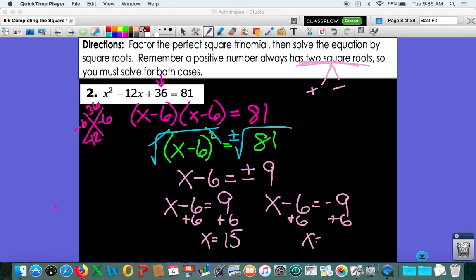So x equals negative 3. So my answer in curly brackets would be negative 3, positive 15. What's happening at negative 3, positive 15? Well, recall, that's where you're crossing your x-axis.